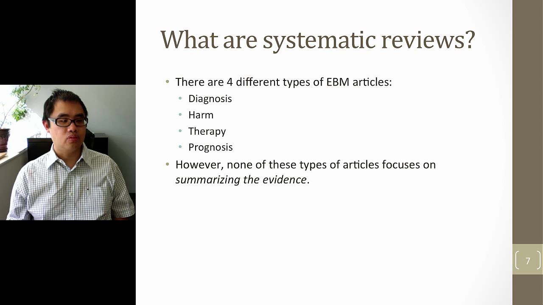Therapy, looking at whether a therapy works or not, and so this is typically randomized controlled trials. And prognosis, and these articles are typically found in, for example, the cancer literature, and they tend to be cohort studies. However, none of these types of articles focuses on summarizing the evidence.